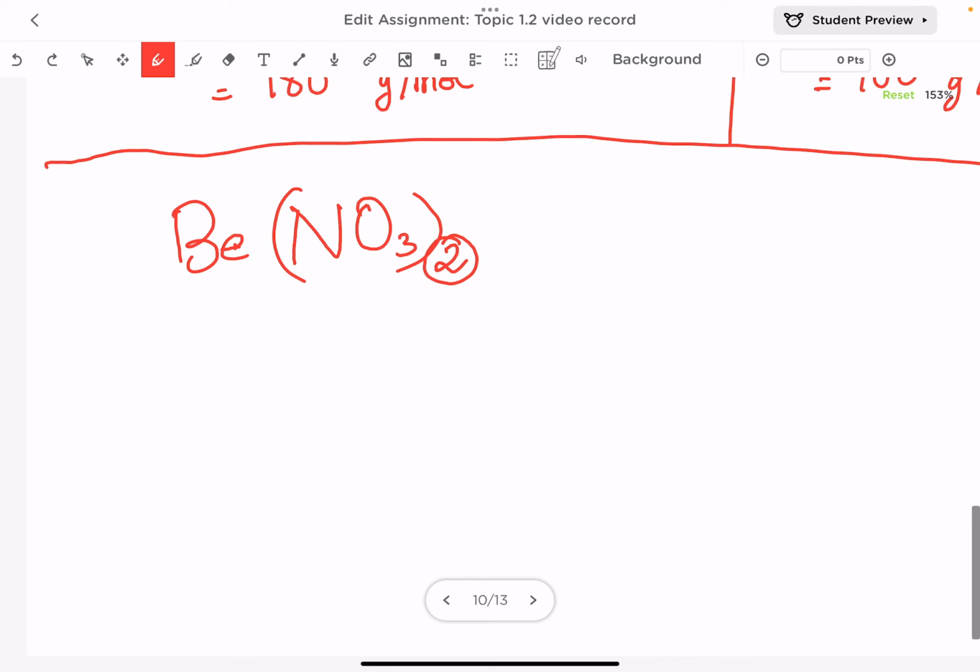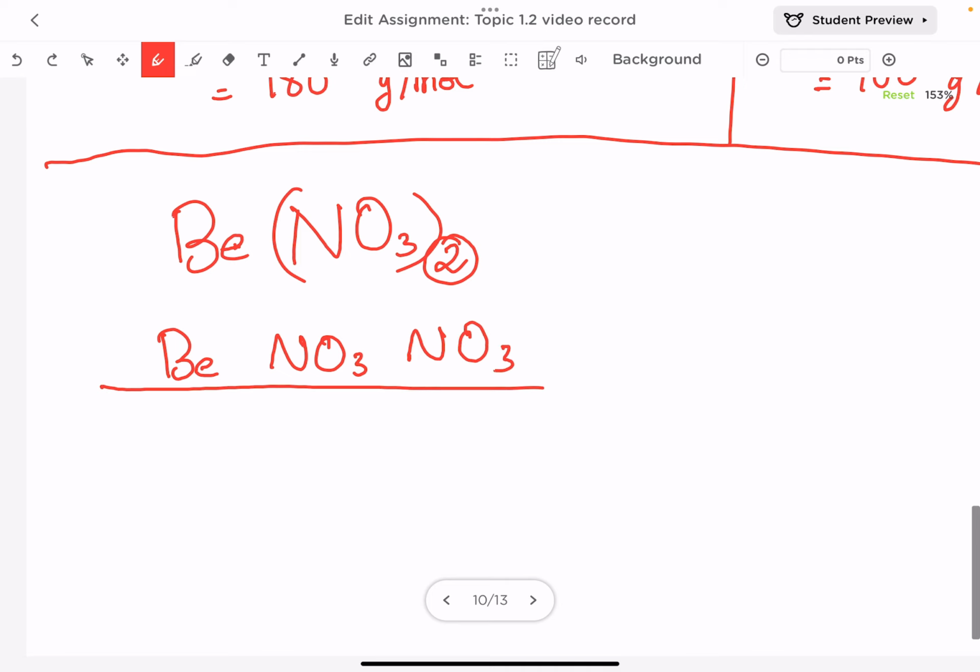The 2 here means that we have beryllium and twice the NO3. So this compound contains 1 beryllium atom, 2 nitrogen atoms, and 6 oxygen atoms, 3 and 3. So I have 6 oxygen atoms.